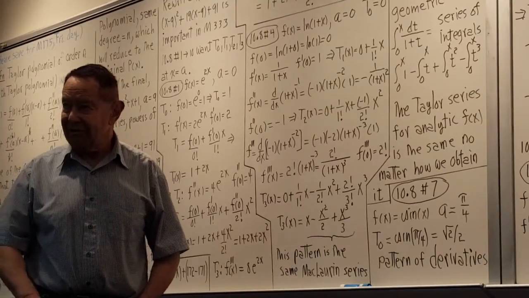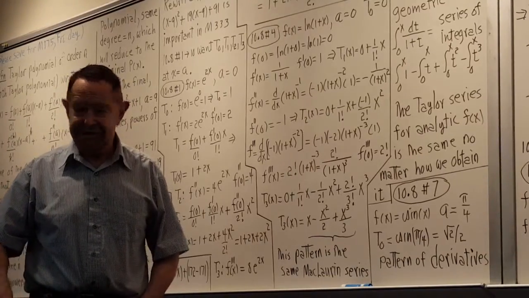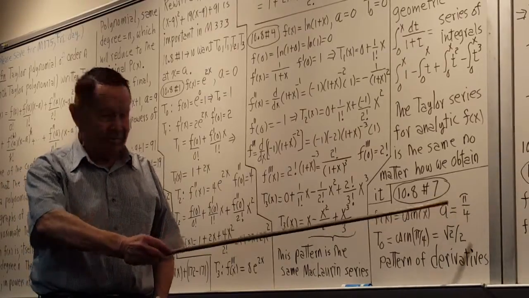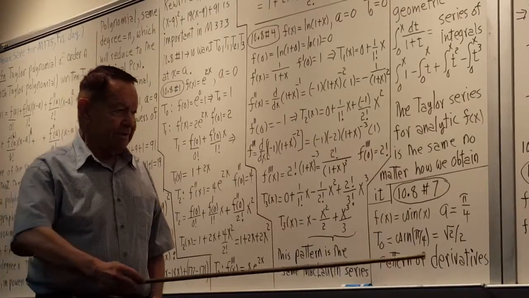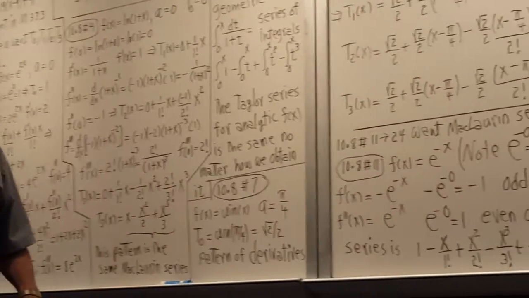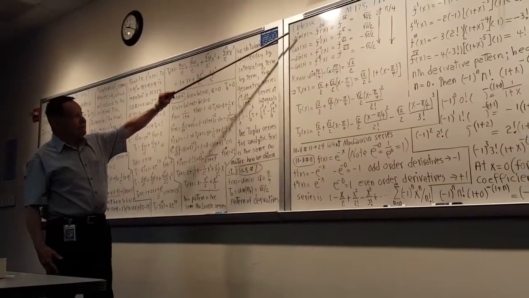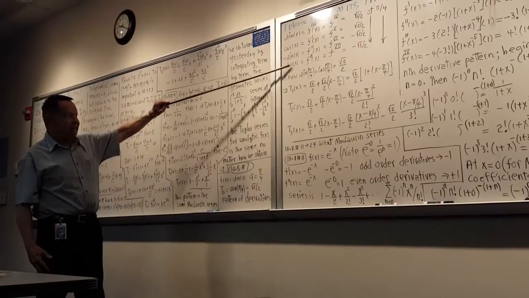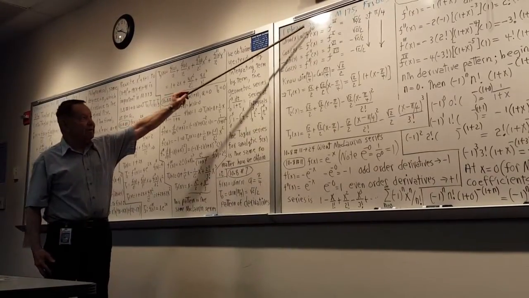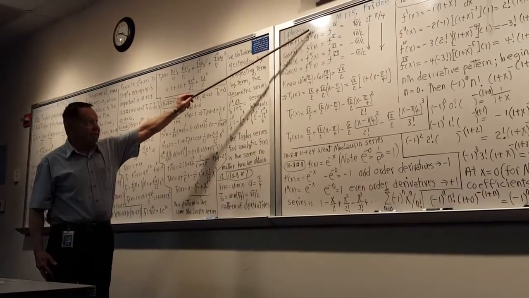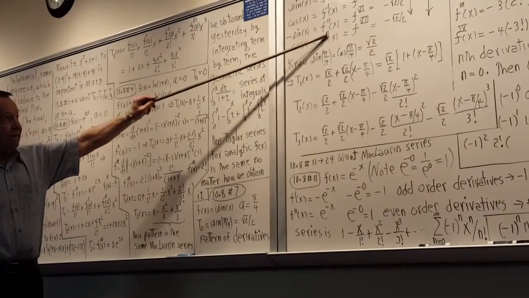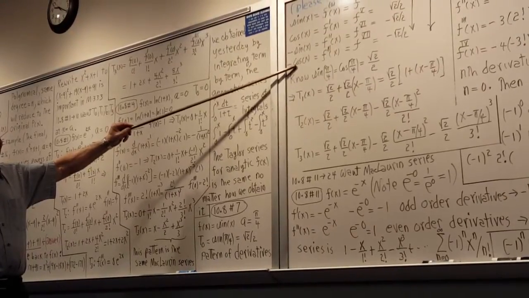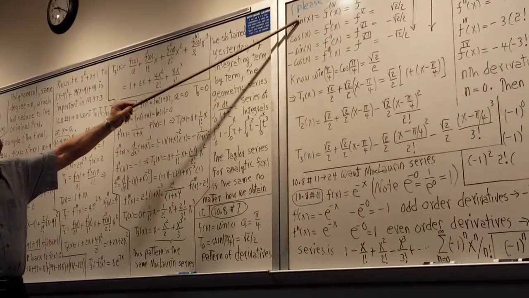See, this is not a Maclaurin series now, it's a Taylor series, because it's powers of x minus pi over 4. So the pattern of derivatives, if you're doing this by hand, you have sine, cosine, minus the sine, minus the cosine for the derivative order 0, 1, 2, 3, and then you repeat yourself, because the derivative of this would be back to sine.